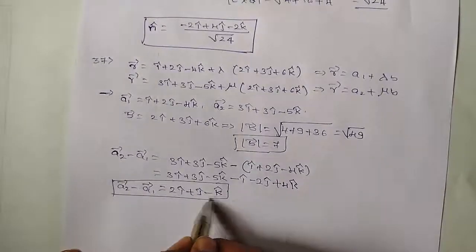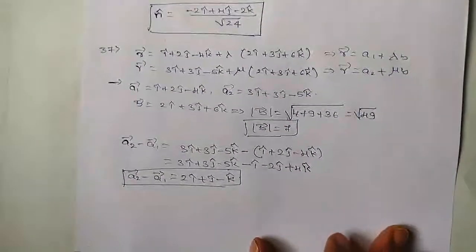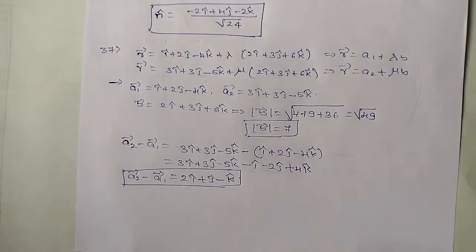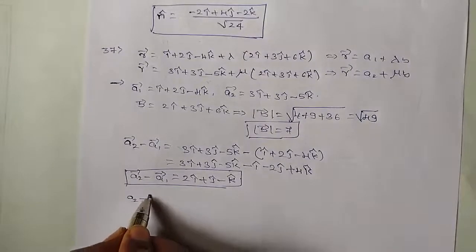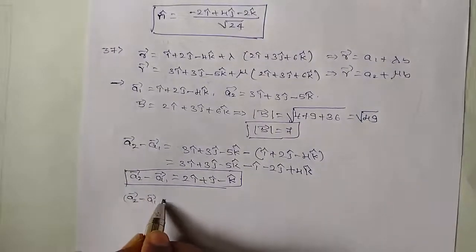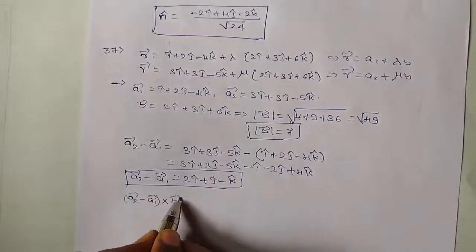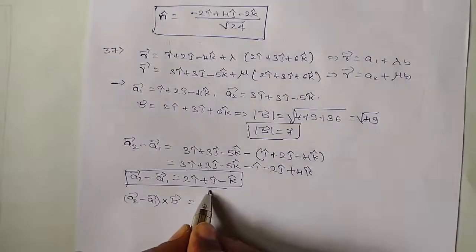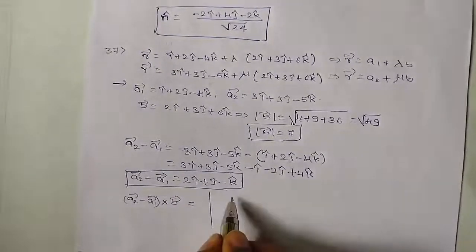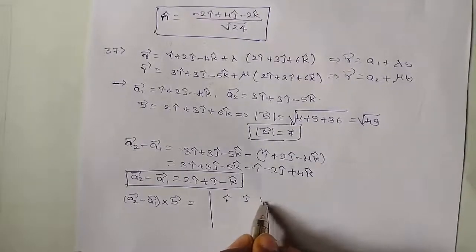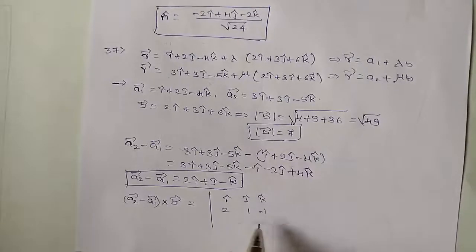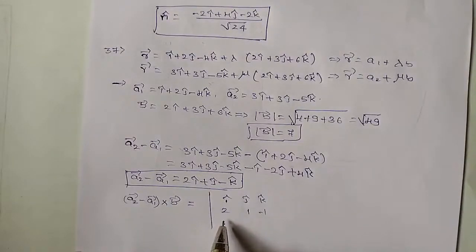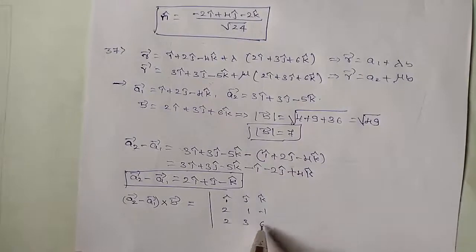Clear? Next, what is the formula for distance? It is magnitude of (a2 minus a1) cross b divided by magnitude of b. First we have to find a2 minus a1 vector cross b vector, which is equal to the determinant of i j k, 2 1 minus 1, and b vector 2 3 6.